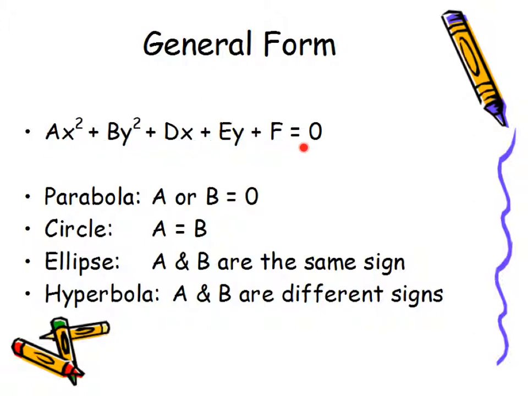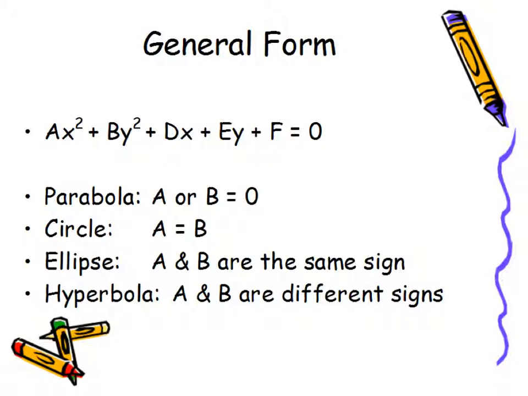Now, that's actually general form for all four conics. But each of the four conics kind of has their own twist to this general form that distinguishes which conic you're looking at. So for instance, in a parabola. Okay, now remember a parabola is like y equals x squared or x equals y squared. So there's really only one squared term.